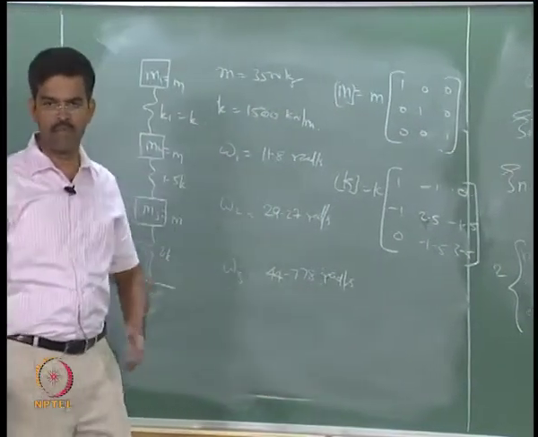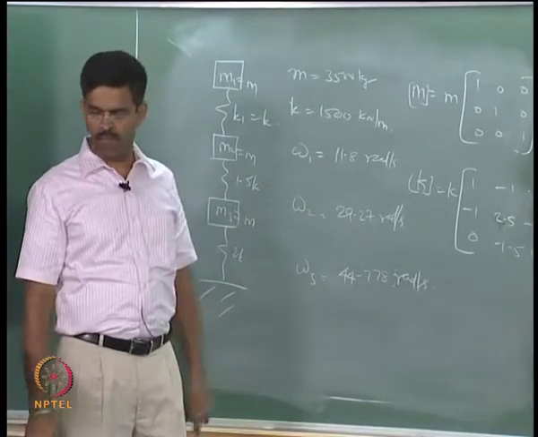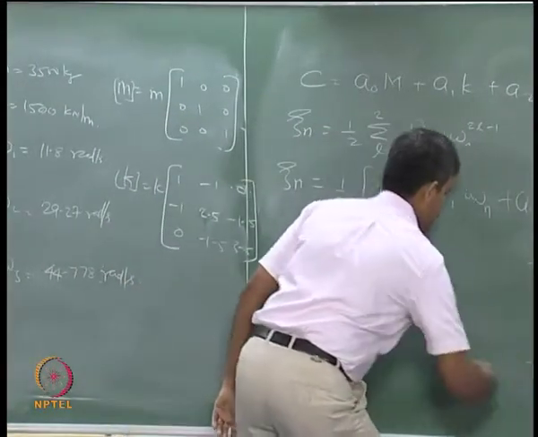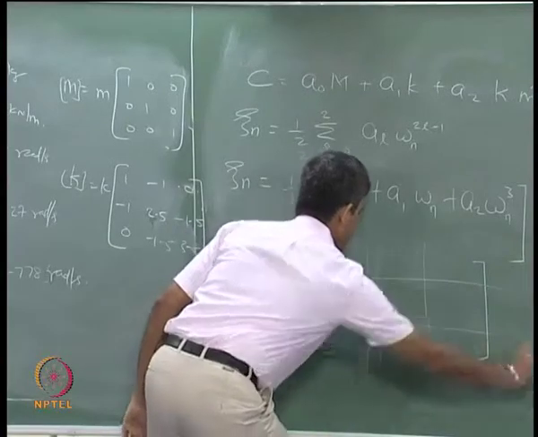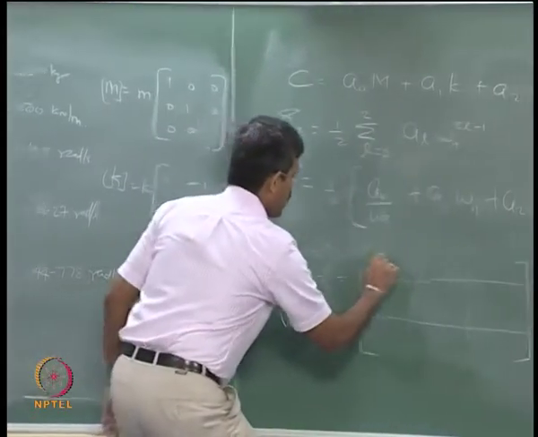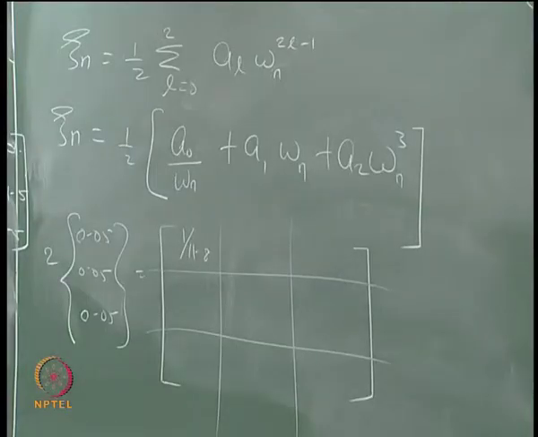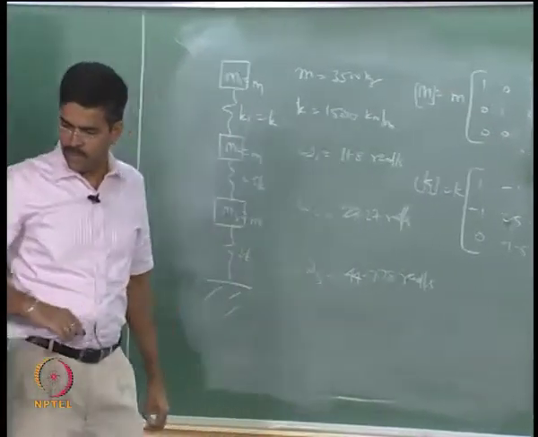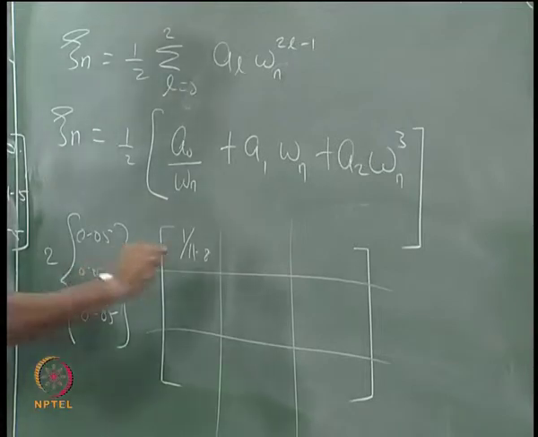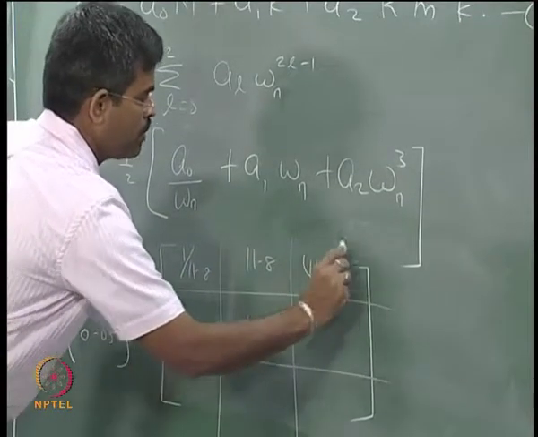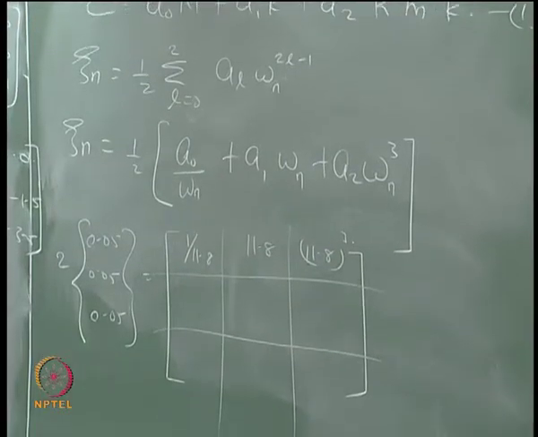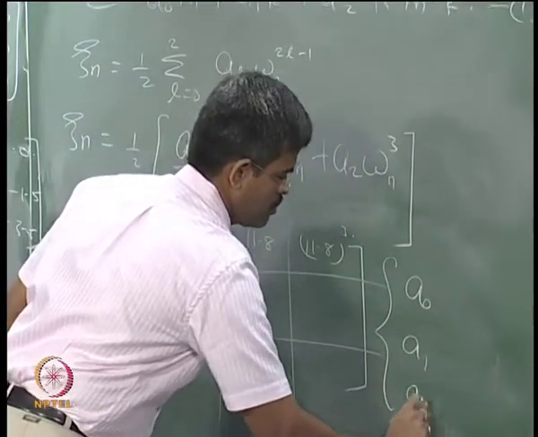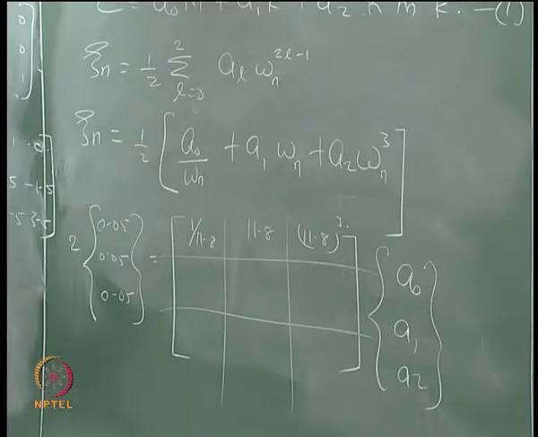I am fixing damping for all the frequencies the same, which we did in the Rayleigh case also, is equal to: 1 by 11.8, that is my omega 1, and omega 2, let us complete this, 11.8 cube, of A0, A1, A2, is it not, that is the matrix form.